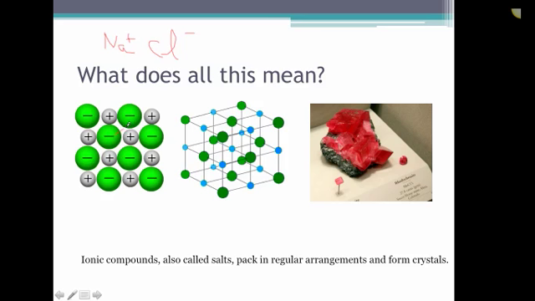So for example, this sodium here is surrounded by these chloride ions here. Alternatively, if you look at a chloride ion, you should be able to see that it's always surrounded by sodium ions, like that.